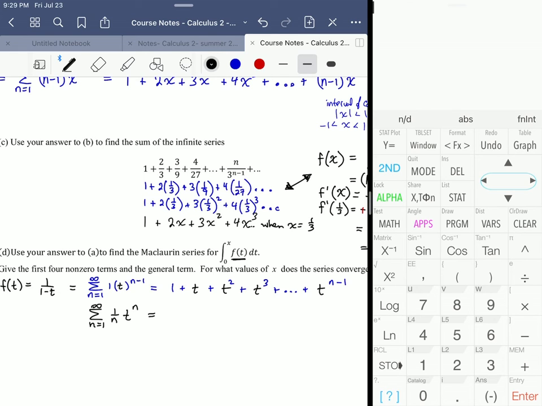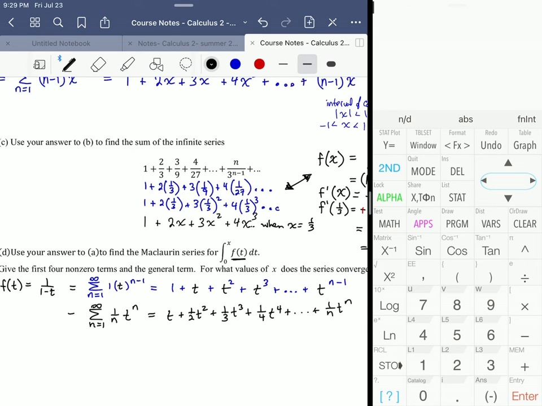So t plus 1/2 t squared plus 1/3 t cubed plus all that good stuff. All right, so 1/4 t to the 4th plus and so on. We know the nth term, 1 over n t to the nth.